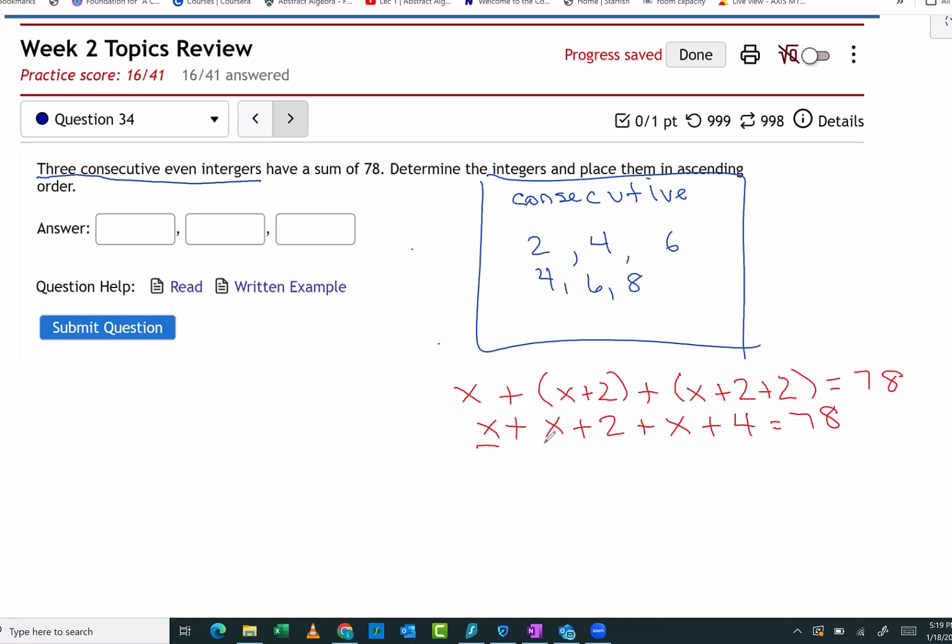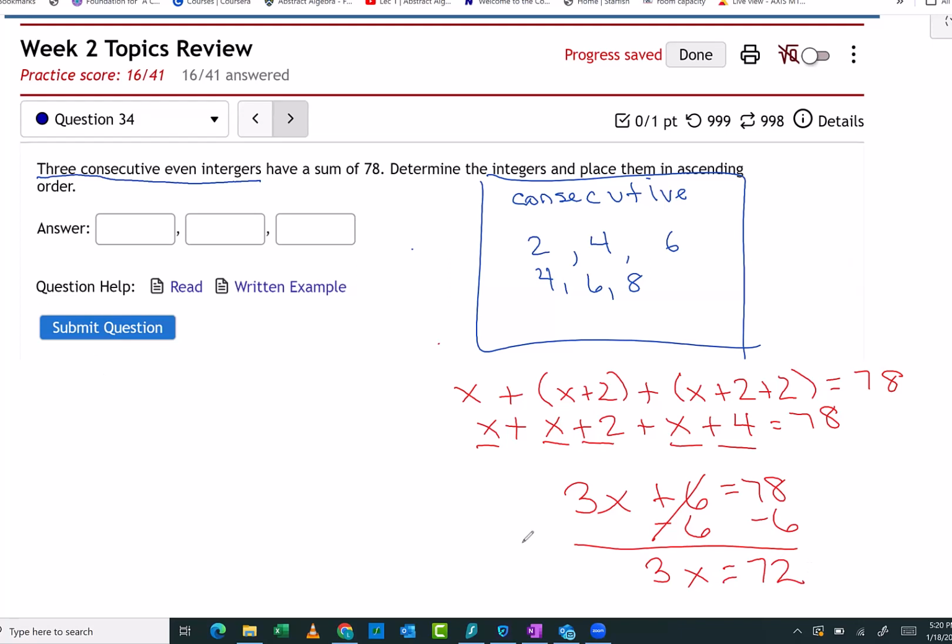I have 1, 2, 3 x's, which means I have 3x. I have 2 plus 4 means I have 6. That equals 78. Remember, I do addition and subtraction first, which means I'm going to subtract 6 from both sides. These cancel and I get 3x equals 72.